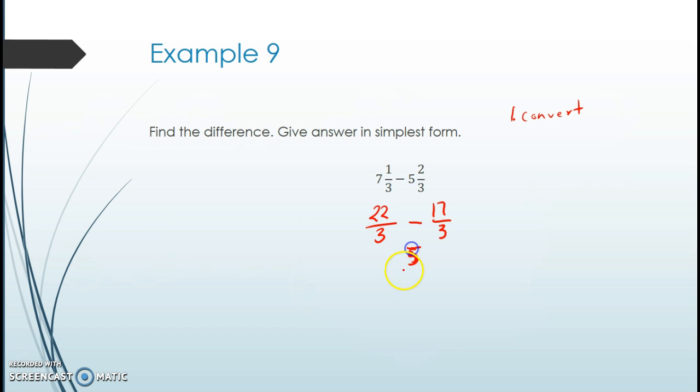Cool. And that is our final answer. Nothing goes into both 5 and 3. We're just going to leave it improper because we're working with pure mathematics. Nothing is being added to it unit-wise.